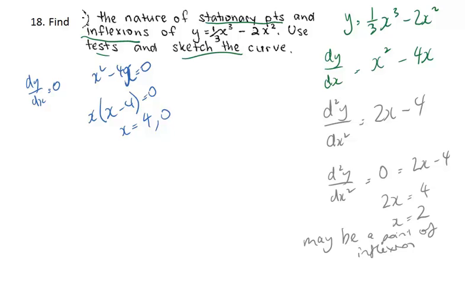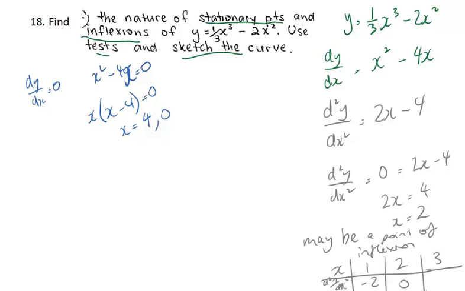So to check if it's a point of inflection, we need to test our points around it. So we're going to have our x and our d squared y/dx squared here. We've already tested x is 2, which gives us 0. We want to try 3 and 1. So we substitute 1: 2 times 1 is 2, minus 4 gives us minus 2.